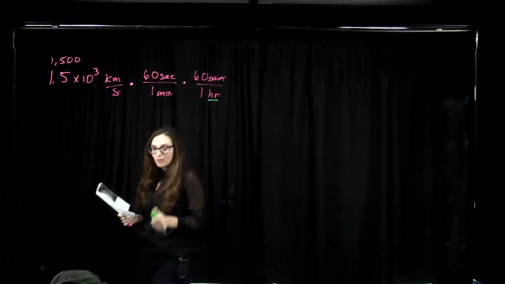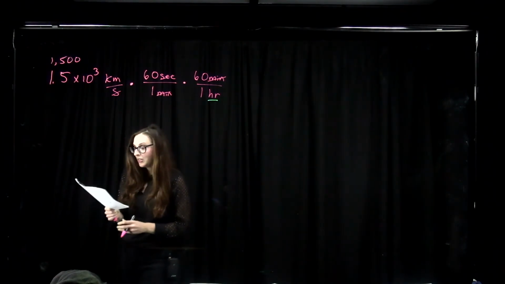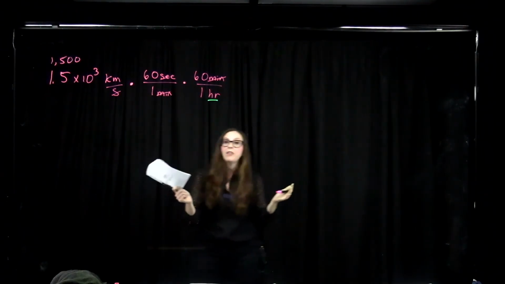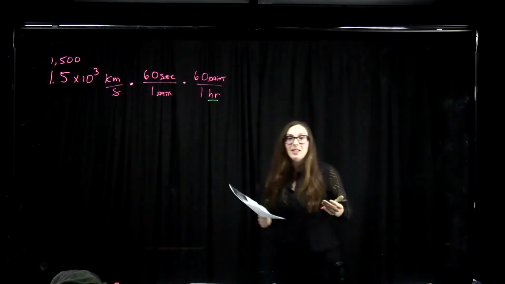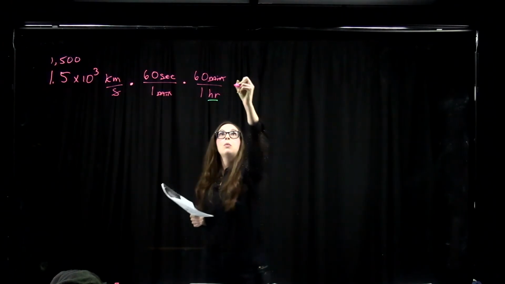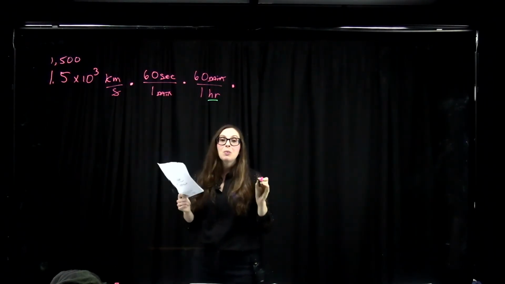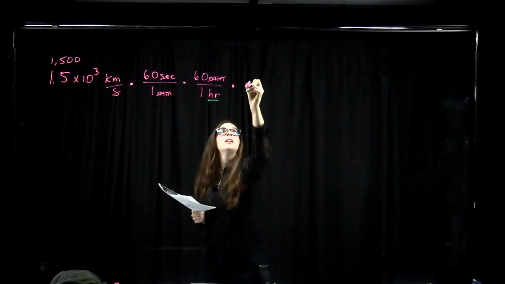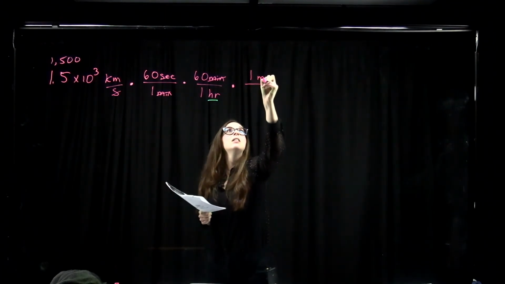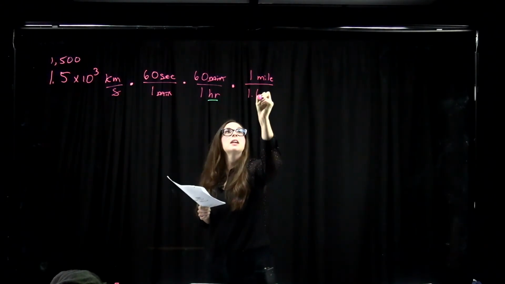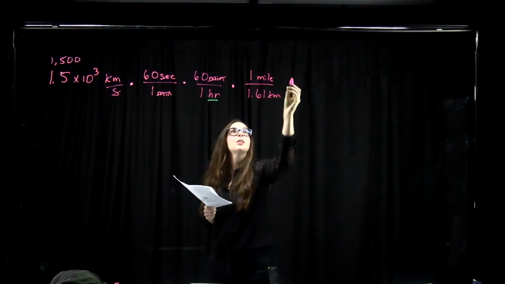Now we've got to get from kilometers into miles. Okay, now this is something that you would have to look up either online or in a textbook, an appendix in the back of your textbook. But the conversion from kilometers to miles is that in 1 mile, there is 1.61 kilometers, okay?